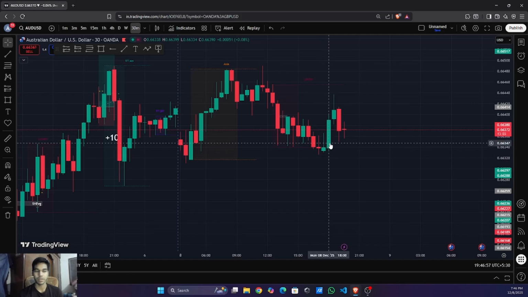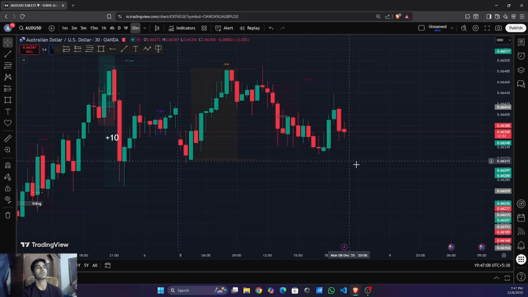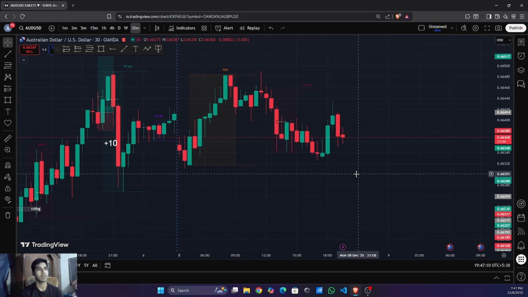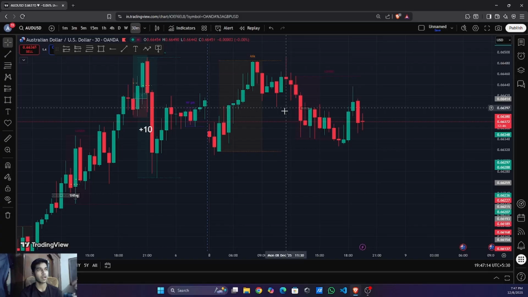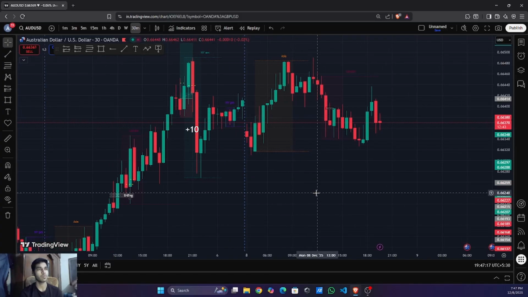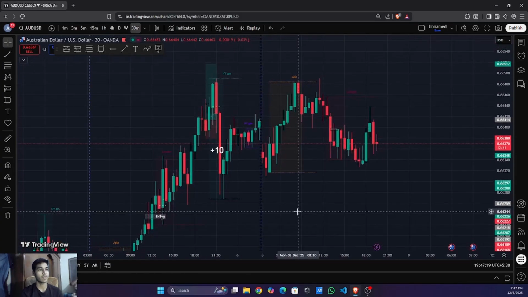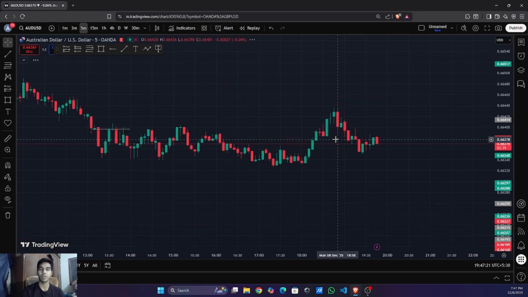Displacement is there. It is in the fair value gap. If I had to, then I will look for buys but I'll go with half quantity because it's around its opening price. Yes, we are with the trend. That is the breakout structure.